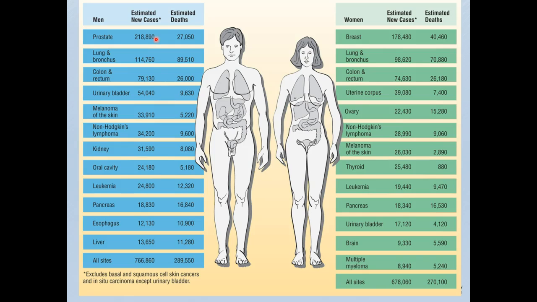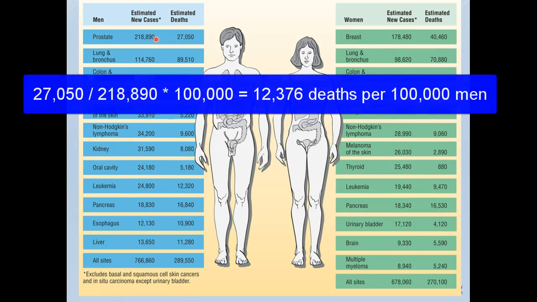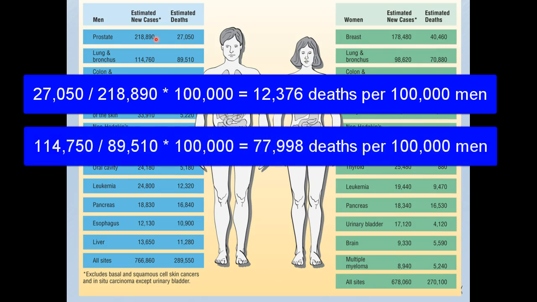So as you look at this, you think, well, prostate cancer, that gets a lot of press and we should be concerned about prostate cancer. And while I'm not saying we shouldn't be, if you now compute for lung cancer, you'll find that where prostate is 12,000 men per 100,000 men, lung cancer is almost 78,000 per 100,000 men.